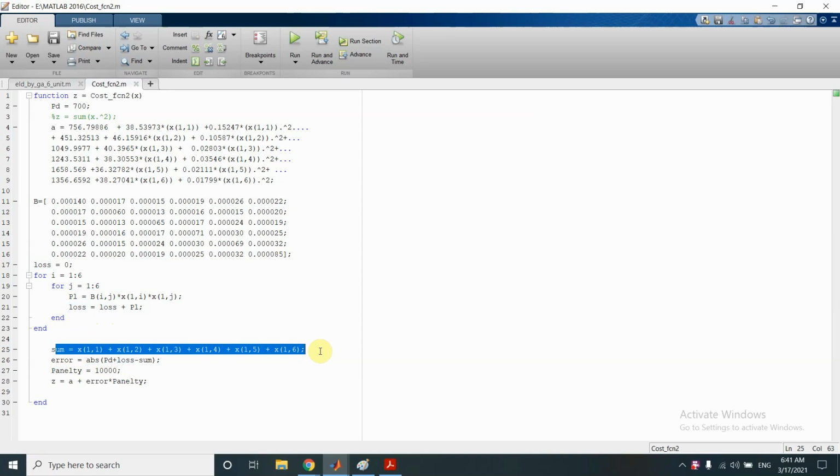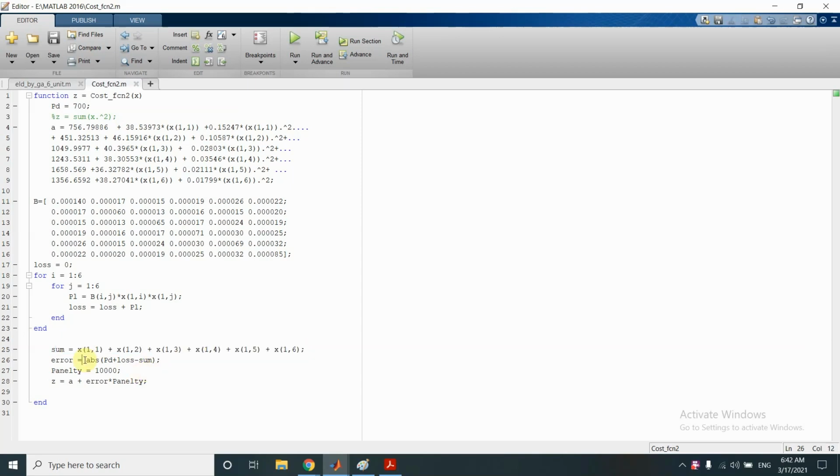So we would take the sum of all the generation and add the loss with that generation, so adding the total generation with the total loss, in fact adding the total loss to the power demand and subtracting from that the sum of the total generation, this should be equal to 0 because our constraint is that total demand plus total losses should be equal to total generation.